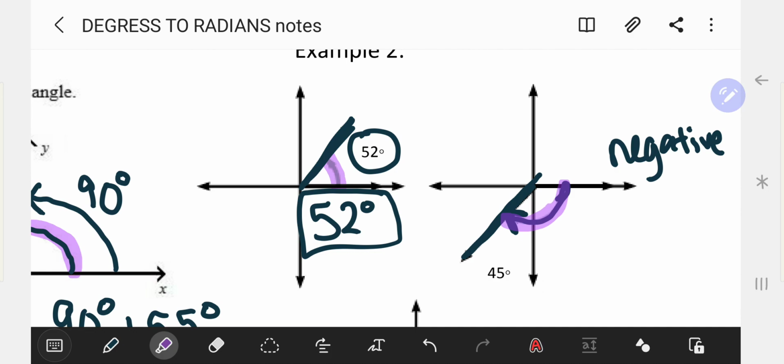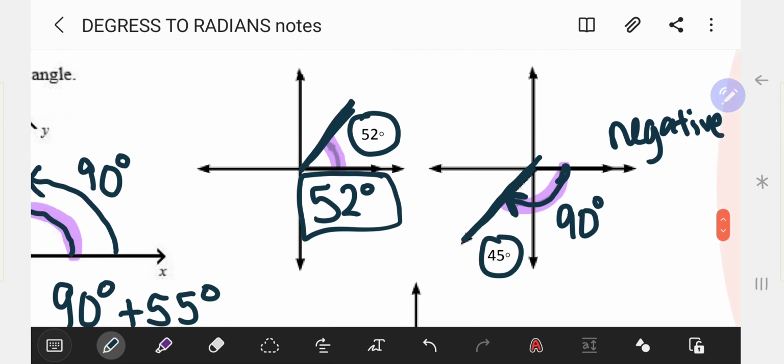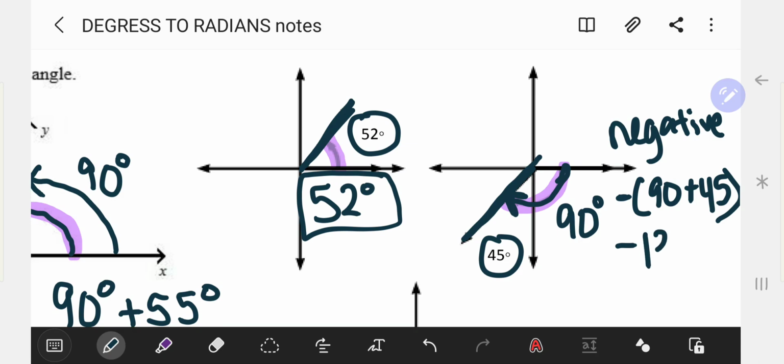This part is 90, and then I go 45 more, keeping in mind that my answer should be negative. So I add 90 plus 45 to get 135, but actually negative 135, because I'm going clockwise.